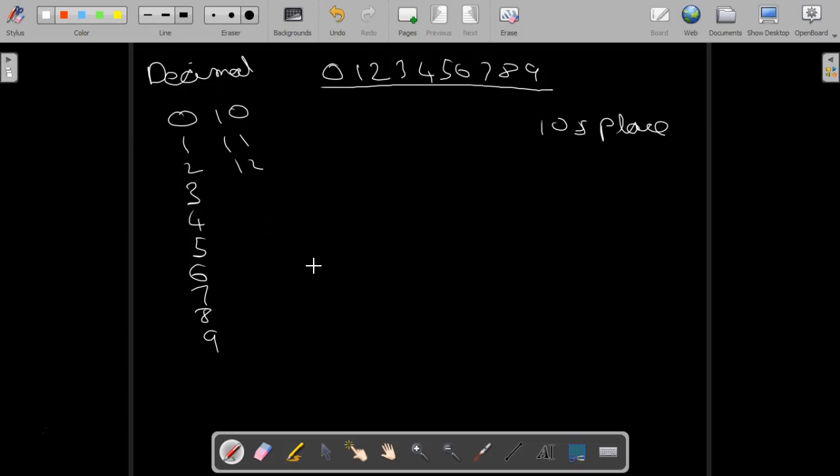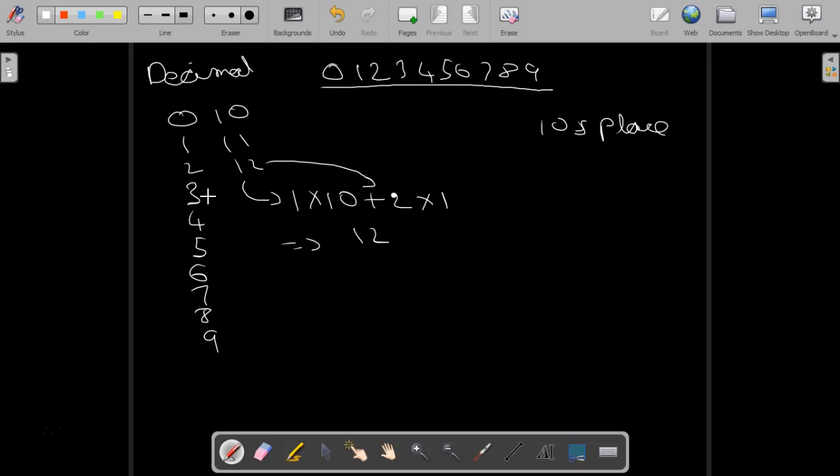What is essentially happening in this case is we're multiplying this number with 10, so 1 times 10, and then we're multiplying this number with 1 itself. So we're multiplying 2 times 1, and this gives us 12 at the end.